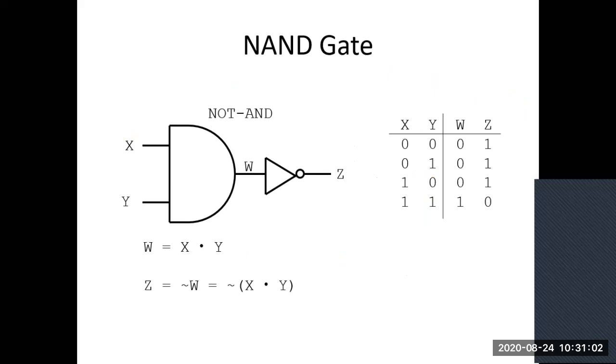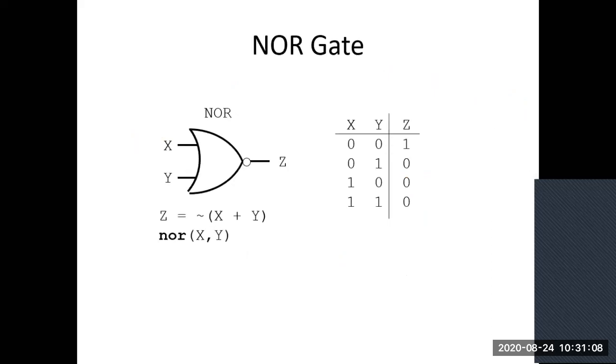And the NAND gate you can represent with an AND gate and one NOT gate. The second thing is this is one more universal gate, the NOR gate. The symbolic representation of the NOR gate is in this way. Basically you are doing the OR operation of X and Y, and then you have one NOT gate.